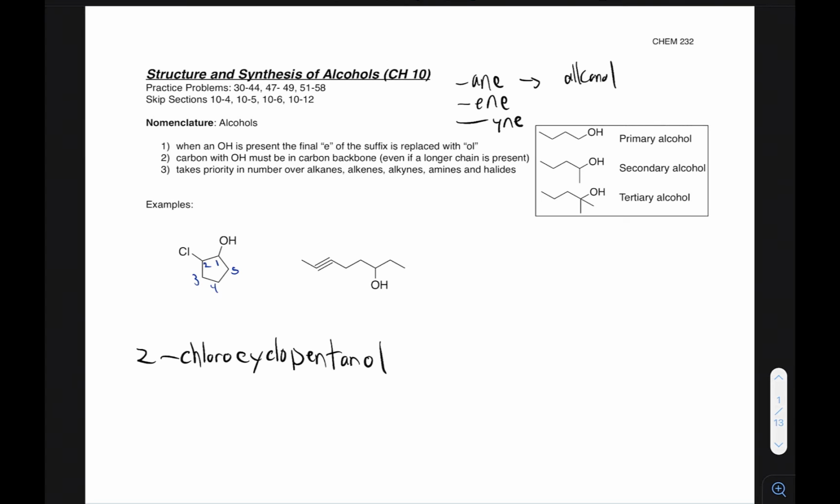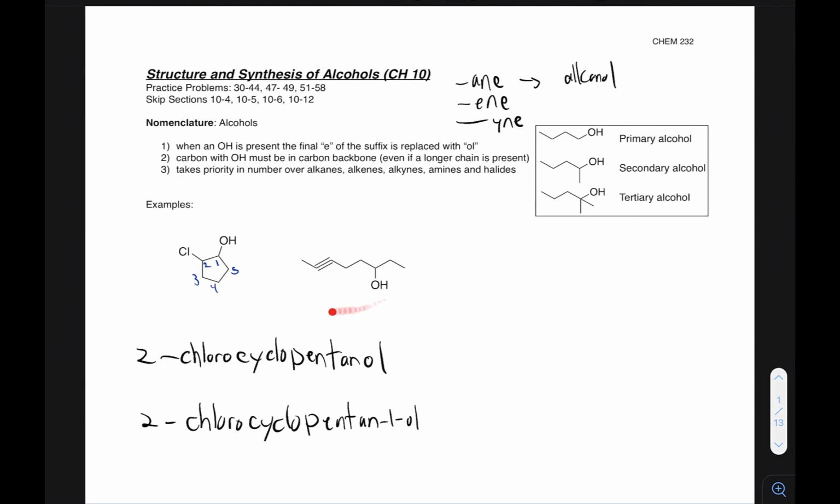Okay, and because, just like with cycloalkane naming, the alcohol is in the number 1 position, we don't need to denote that. We could if we wanted to, it wouldn't be wrong to do that. It's just sort of excess information.